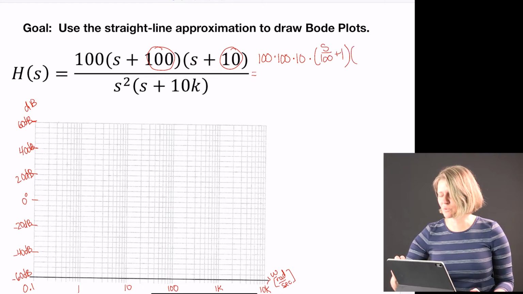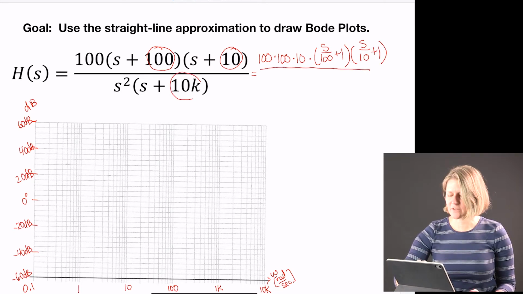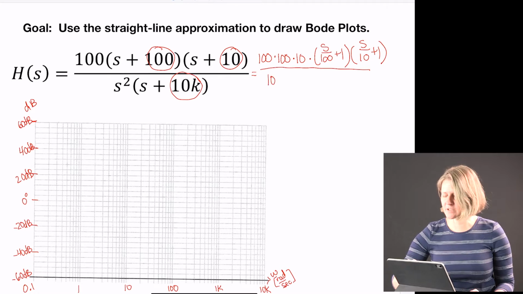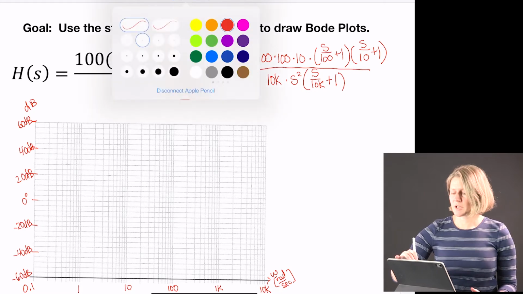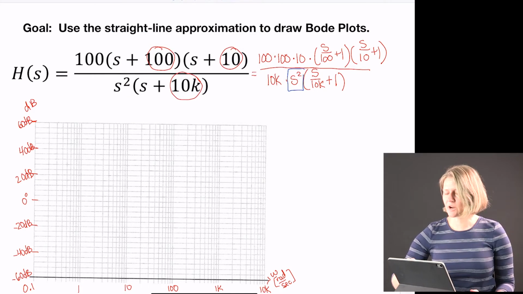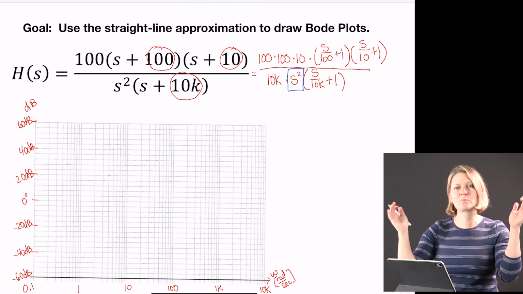So we have S over 100 plus 1, S over 10 plus 1. And on the bottom, we have to take out this 10K and multiply it on the bottom. And so that gives us the quantity of S over 10K plus 1. The term here, this S squared, is not an S over some number plus 1.